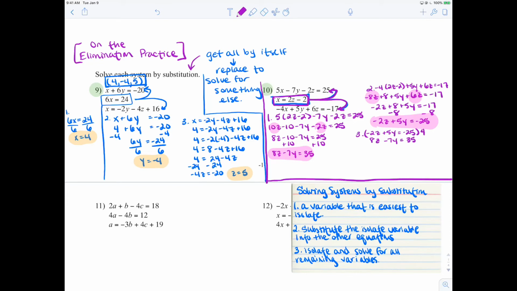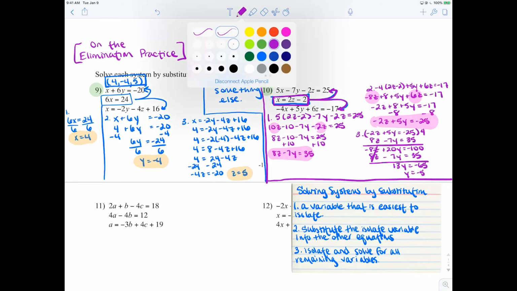So I multiplied this by 4. I got negative 8z plus 20y equals negative 100. And I added it to 8z minus 7y equals 35. The z's canceled out, and I got 13y equals negative 65, so y equals negative 5.